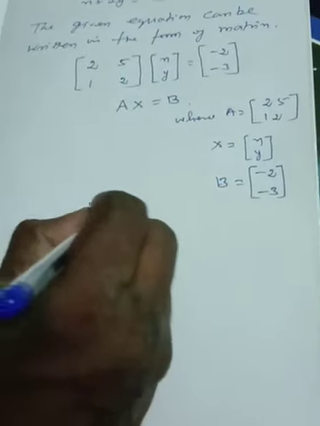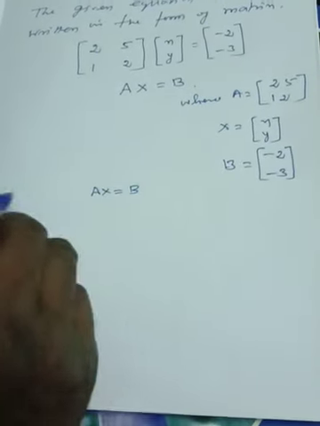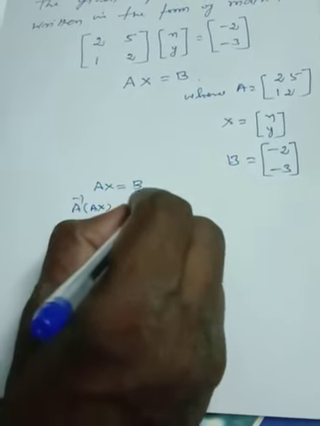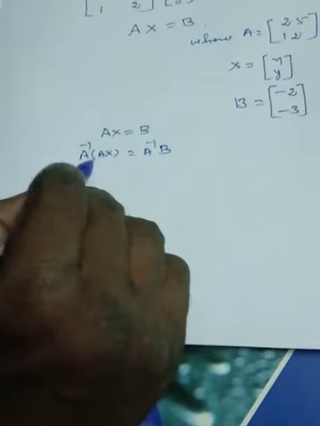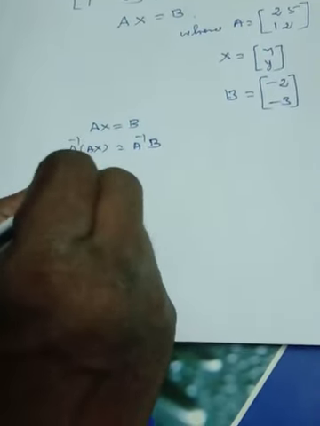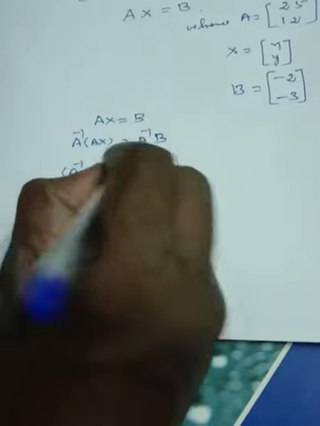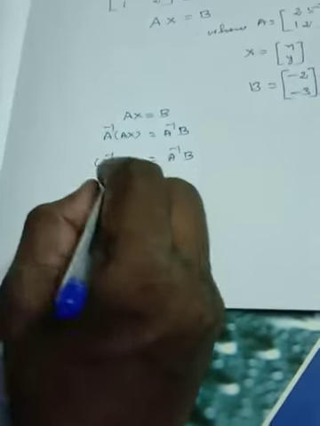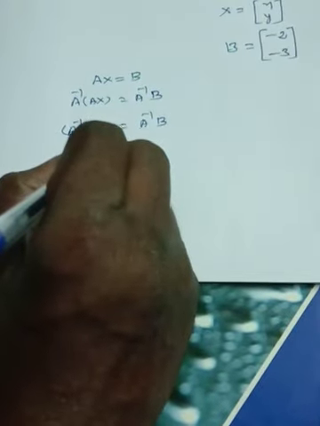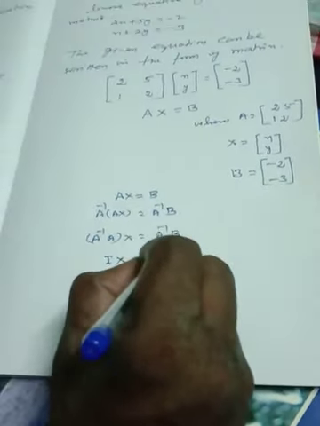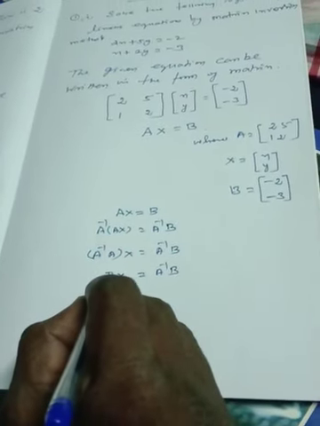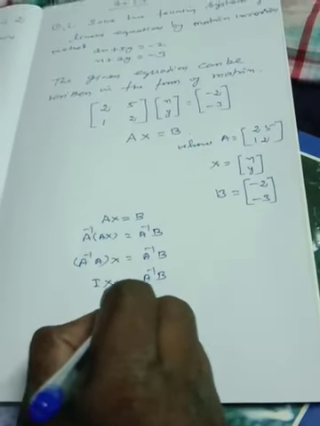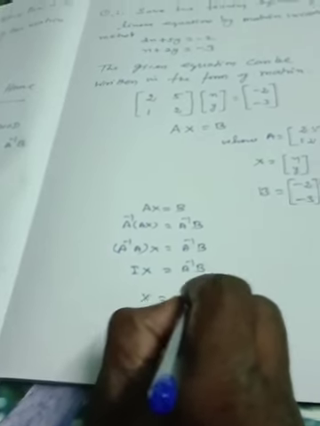Taking A inverse on both sides, we have A inverse of Ax is equal to A inverse of B. Now change the bracket: A inverse of A into capital X is equal to A inverse of B. Next, A inverse of A is unit matrix, capital I into X is equal to A inverse of B. Multiplying the unit matrix by the given matrix gives the given matrix, so X is equal to A inverse of B.